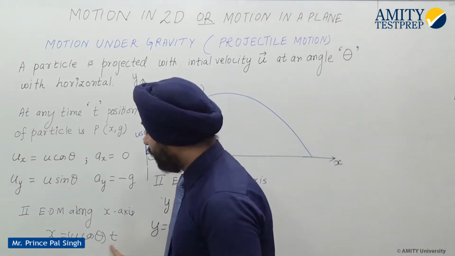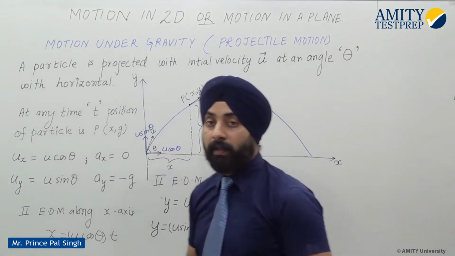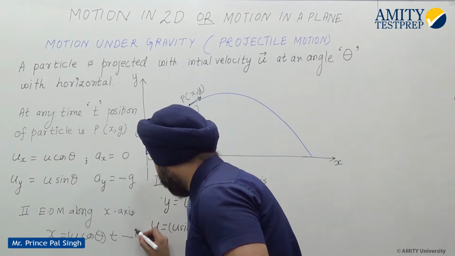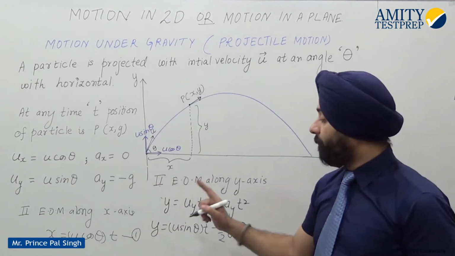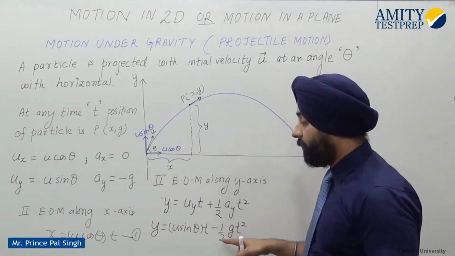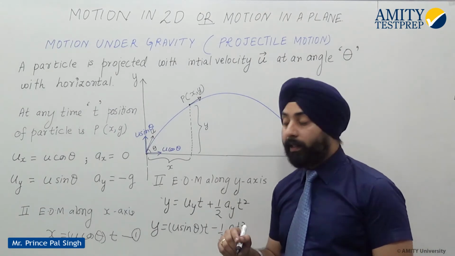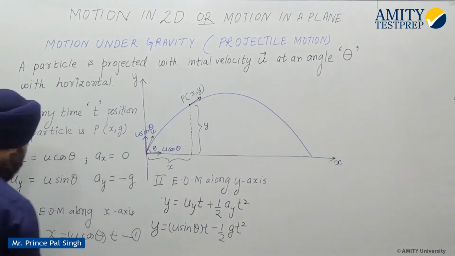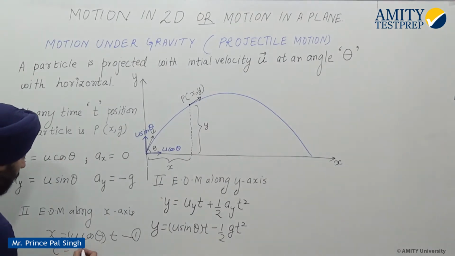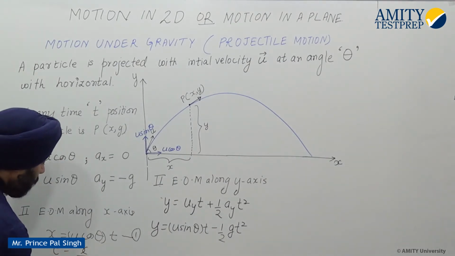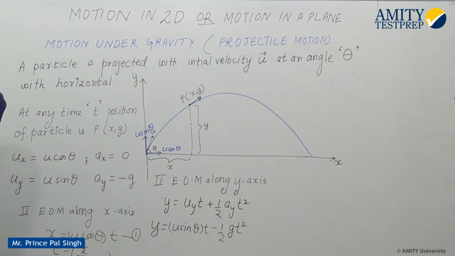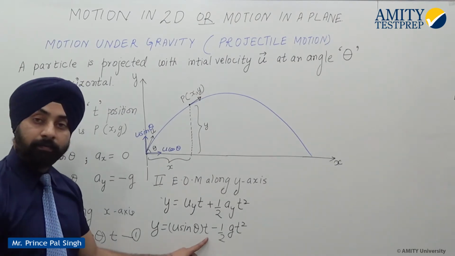So we will eliminate t from this equation, x equals u cos theta times t. Let's say this is equation number 1. And then we will put that value of t in this equation. We will get the relation between y and x. So t is equal to x divided by u cos theta. We will put this value of t over here.